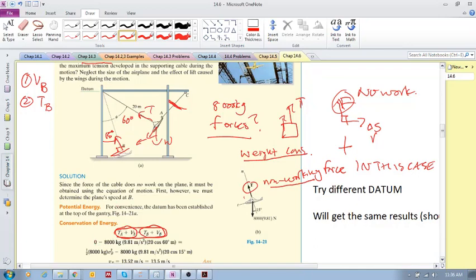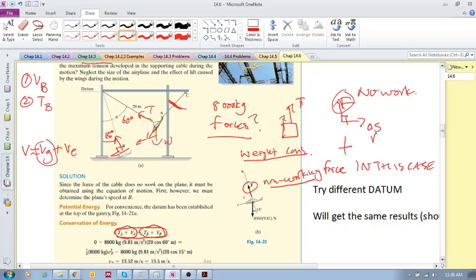And V, remember, is the potential function, equal to Vg plus Ve. This is the potential energy due to gravity and the potential energy due to a spring. Do we have potential energy due to gravity? Yes, there's weight here. What about due to a spring? No, there's no spring force acting in this system. So we're only going to have potential energy due to gravity at state 1 and state 2.